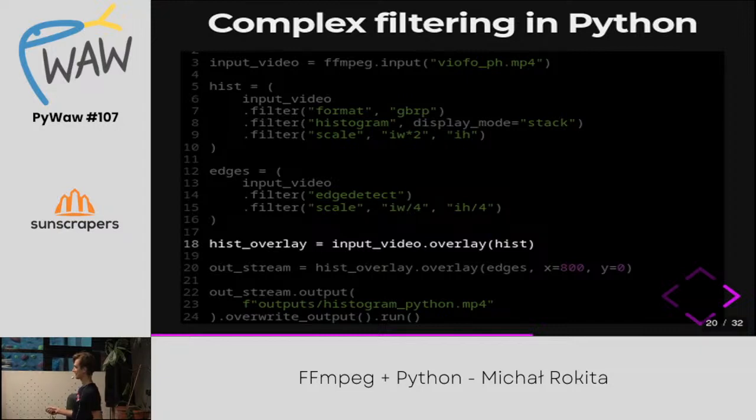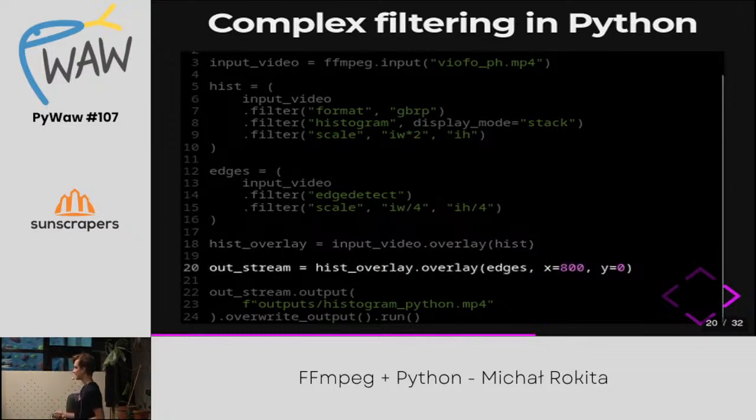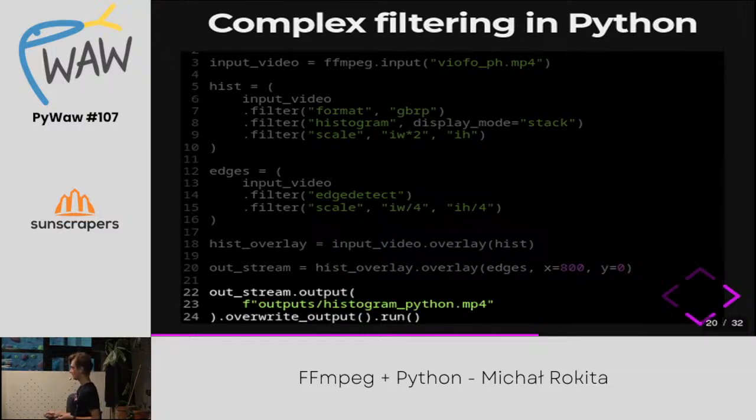We just tell FFmpeg Python that we want to overlay the hist stream we created here on line number 4 onto the input video which we created in line number 3. And again, we do another overlay on top of the overlay we've done with the hist and the original stream. We add the edges stream here, and we tell it that we want it on x-axis of 800 and y of 0. And we can just run the whole pipeline using this short function call.